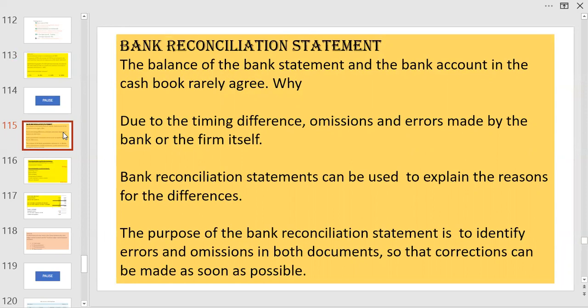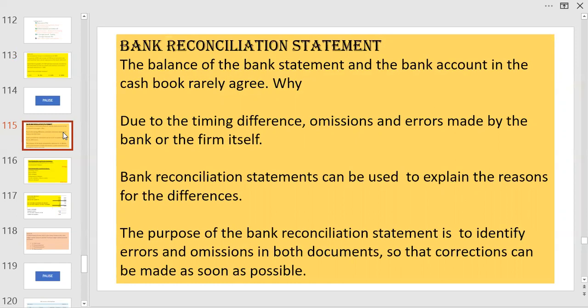As we maintain in our books the bank transactions, the bank in their books will have an account for our company. So if both are done correctly, logically they should agree, but generally they will not agree. It cannot agree because of the nature of the transactions between the bank and the company, which we'll explain. So there will be a difference.